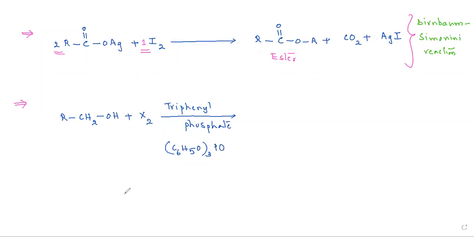Now, this on heating forms RCH2X. You get a phenol and then the remaining part. Okay.